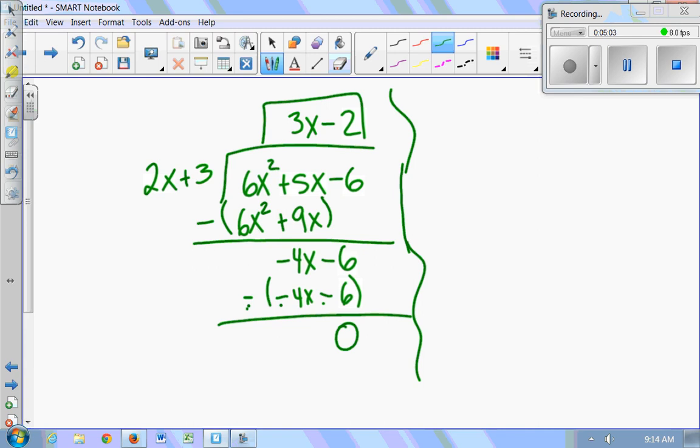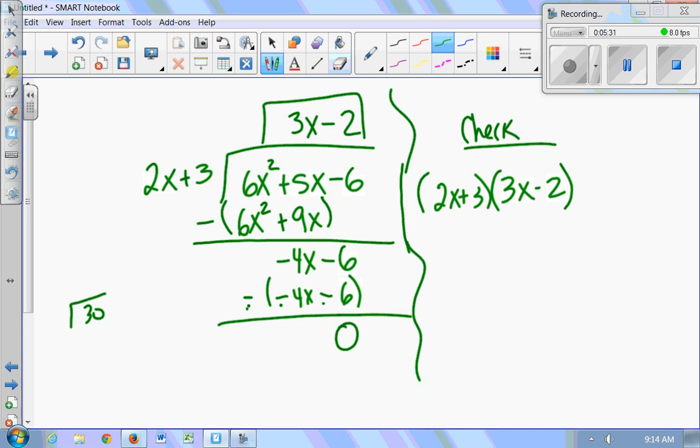And then to check, right, this polynomial divided by 2x plus 3 gives me 3x minus 2. That means to check, I should be able to multiply 2x plus 3 times 3x minus 2, right? I should be able to go in reverse and get the 6x squared plus 5x minus 6, right? Just like if I had done 30 divided by 6 gives me 5.